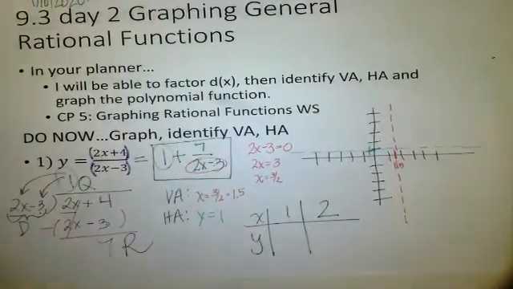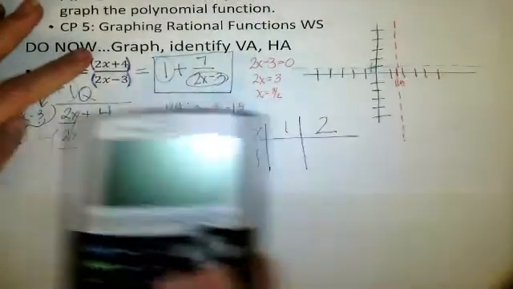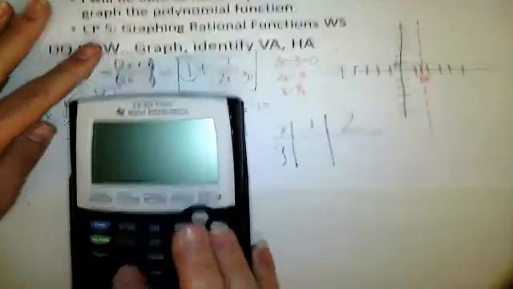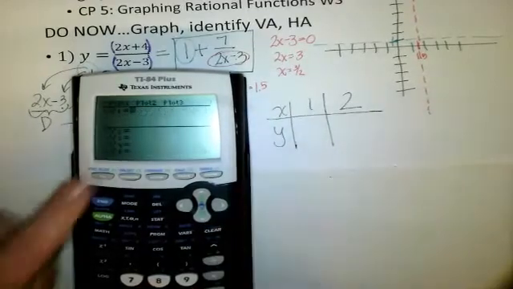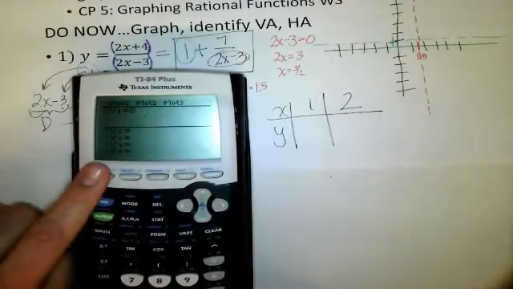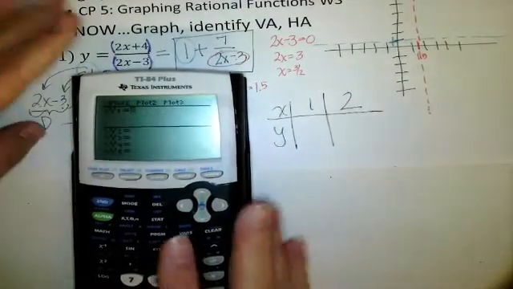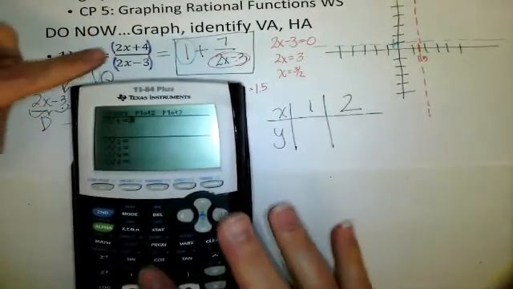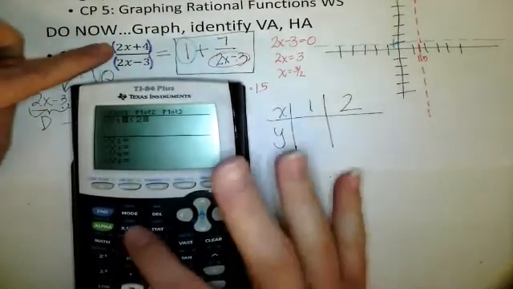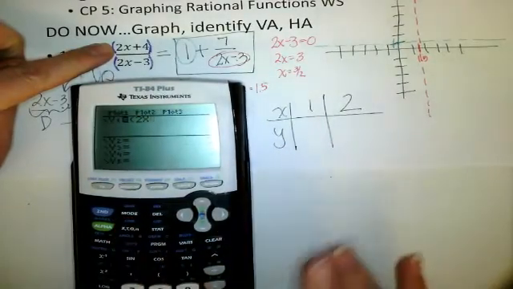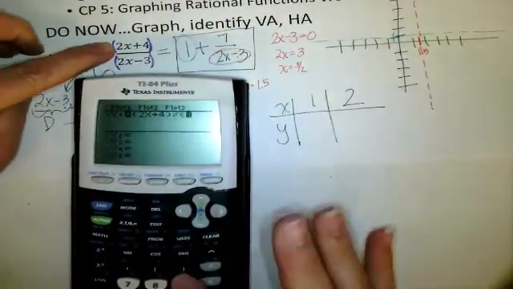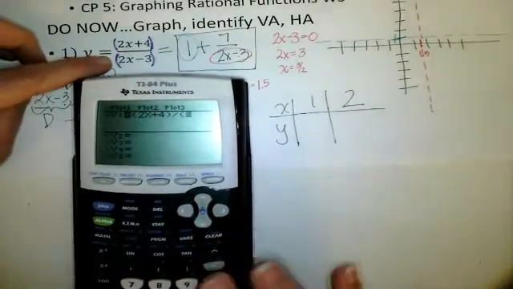So I know there's a couple of different kinds of calculators we have here today. So I'm going to try and use both. If you have a TI, you're going to go to the Y equals menu and type in your equation using parentheses. The X is right next to the alpha key. 2x plus 4 divided by parentheses 2x minus 3.